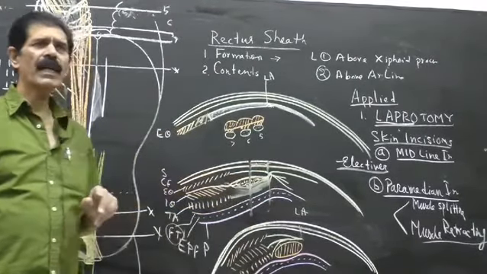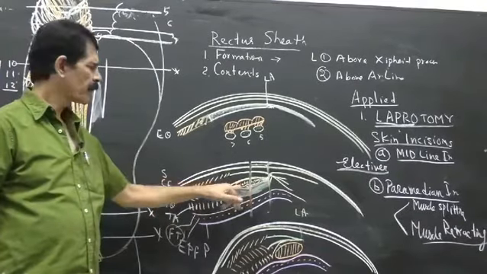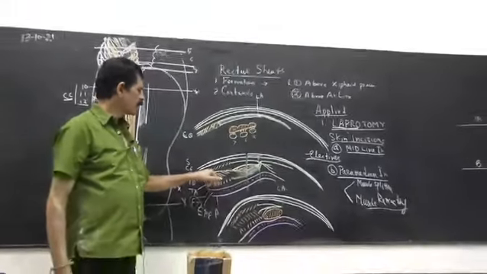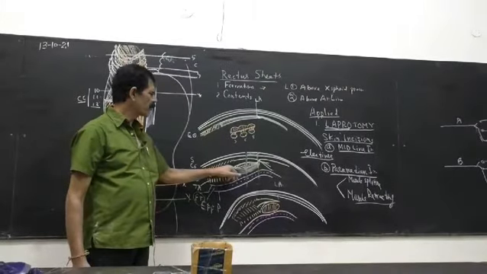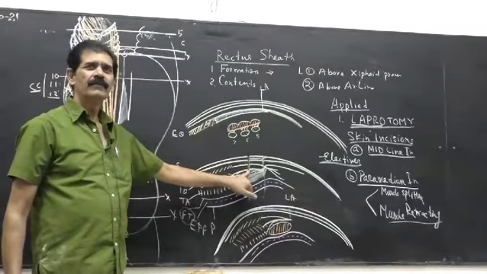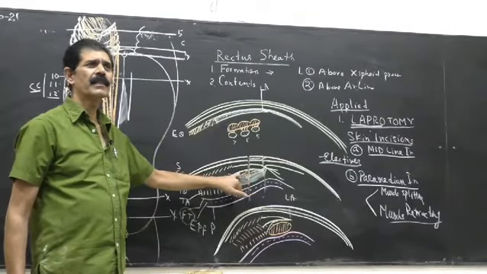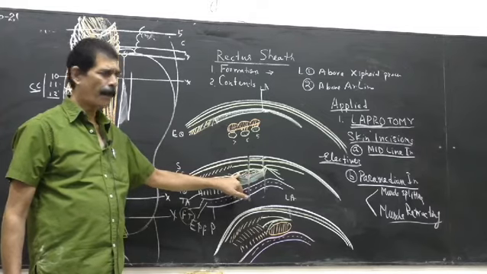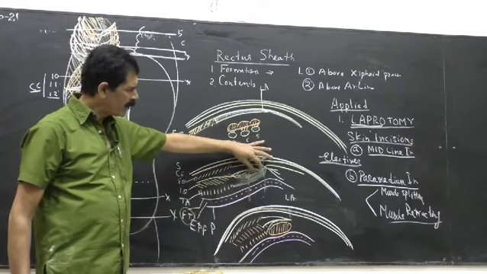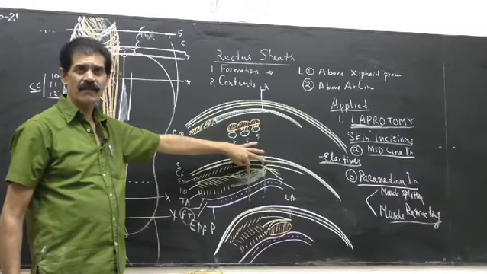Now here the drawback is that post-operatively, the nerve supply of the rectus abdominis is also cut. So after the operation, the lateral half of the muscle has an intact nerve supply, but the medial half of the muscle has no nerve supply post-operatively because the nerve is cut.